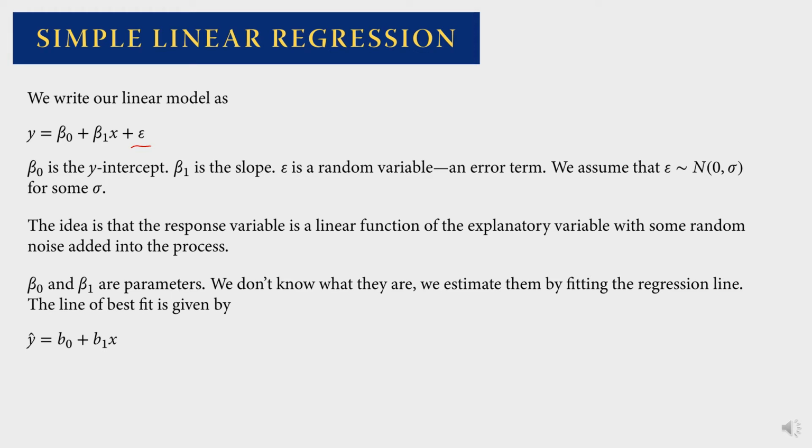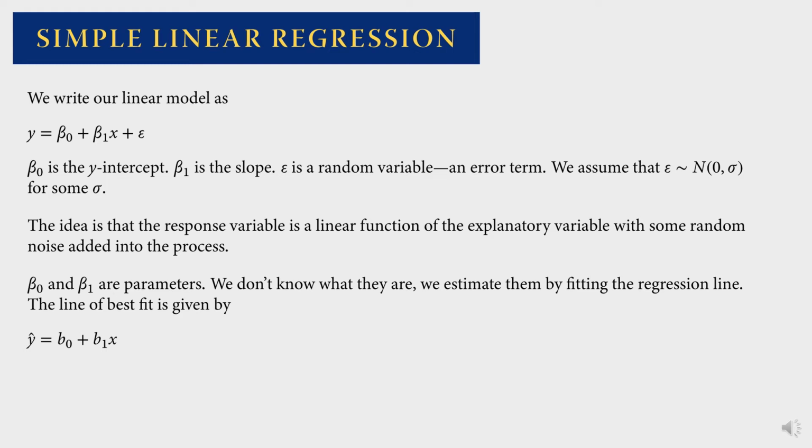For now, we'll assume that this error is normally distributed with mean 0 and standard deviation sigma. It's actually not that important for it to be normal, but we really want this sigma to be the same for every error term. As always, Greek letters represent parameters.